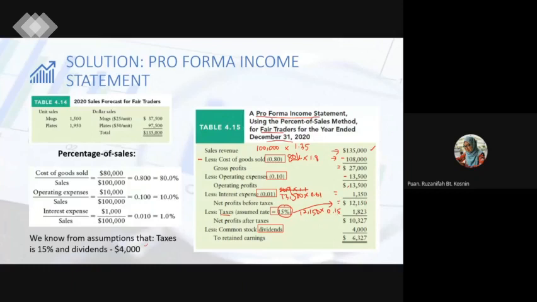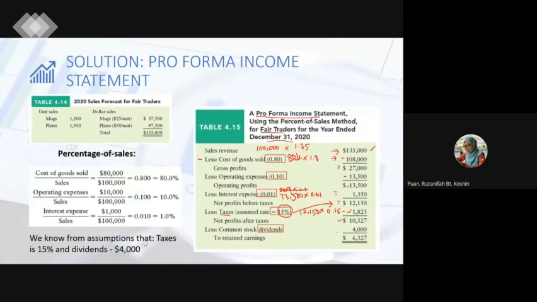Ya, 15% ni darab dengan net profit before taxes ni. Barulah kita dapat berapa banyak tax yang perlu dibayar. Ya. Kemudian bila kita tolak yang ni, kita dapat net profit after taxes. Ya.